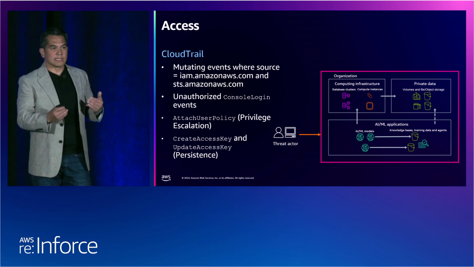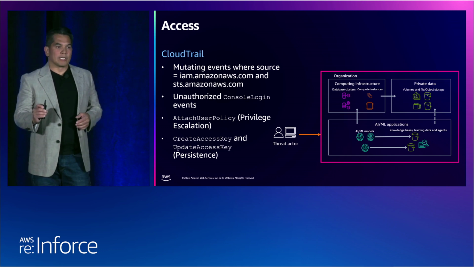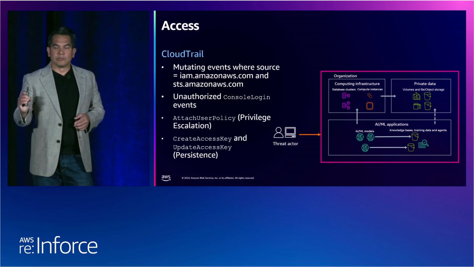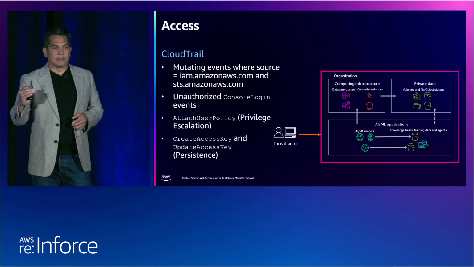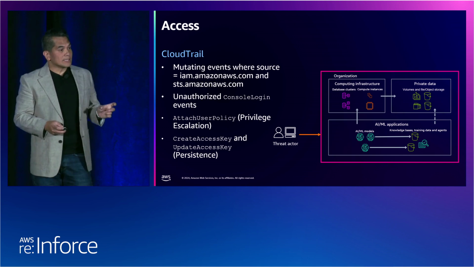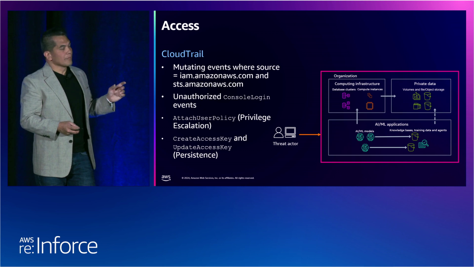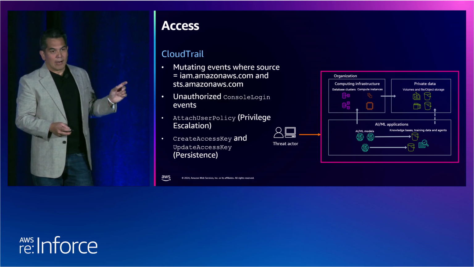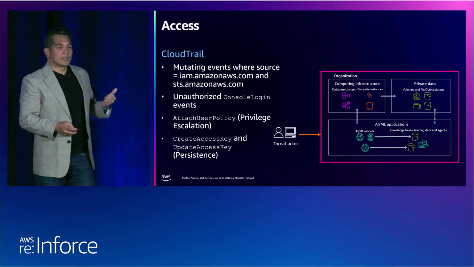A threat actor will get into an account and try to attach a user policy to a user they have access to in order to get more permissions. If that actually occurs or is even attempted, that's logged in CloudTrail, where the source of the event is iam.amazonaws.com.